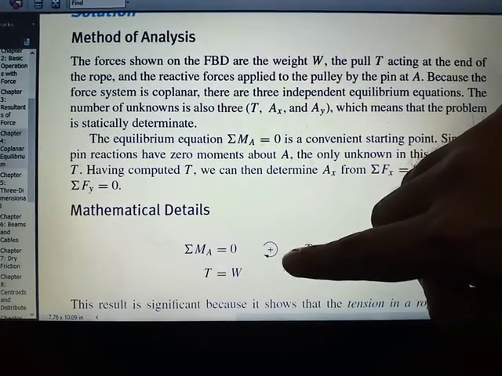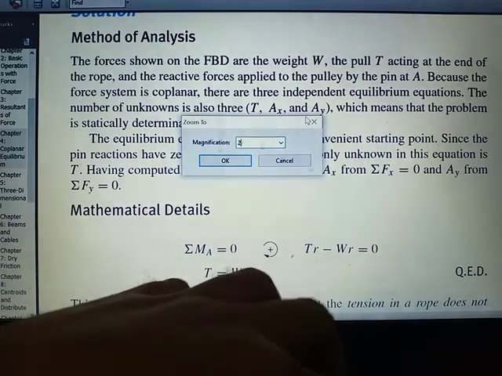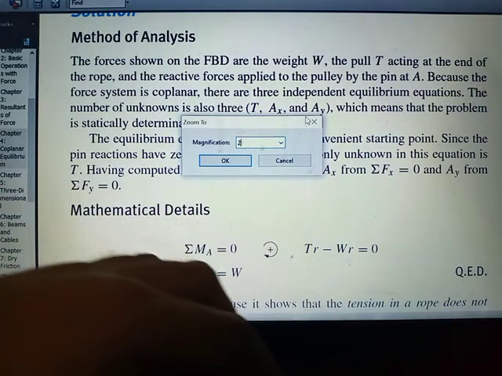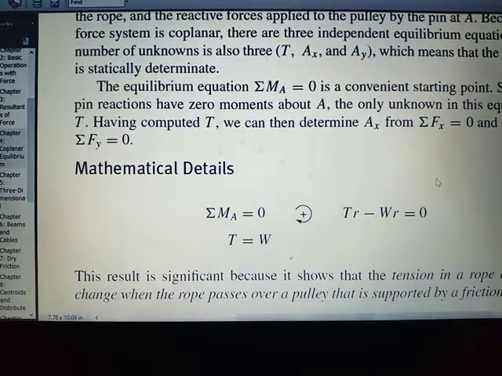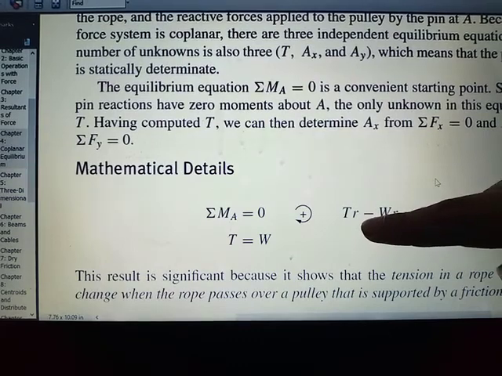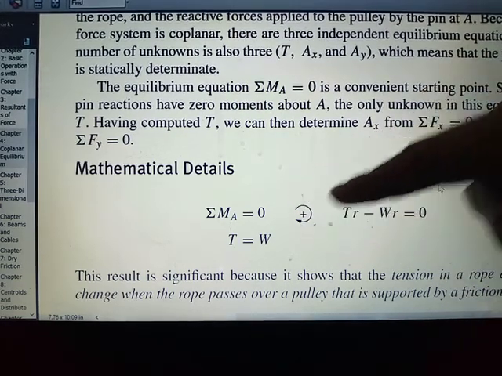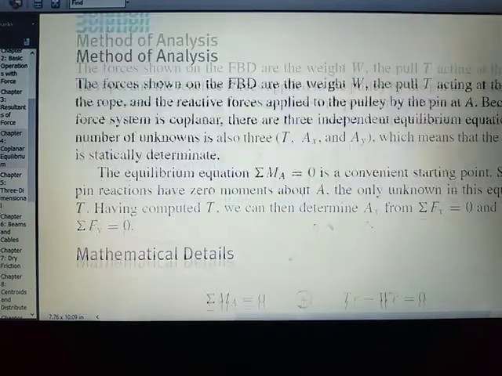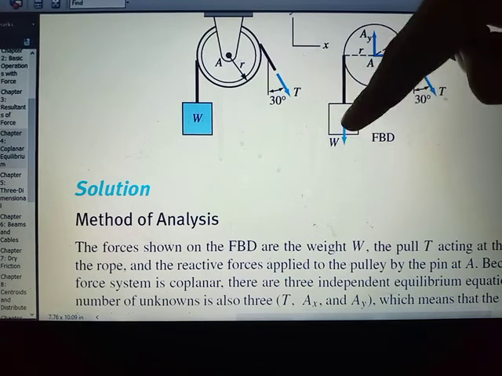We assume clockwise as positive, since it rotates like the clock. So T is positive and W is negative.